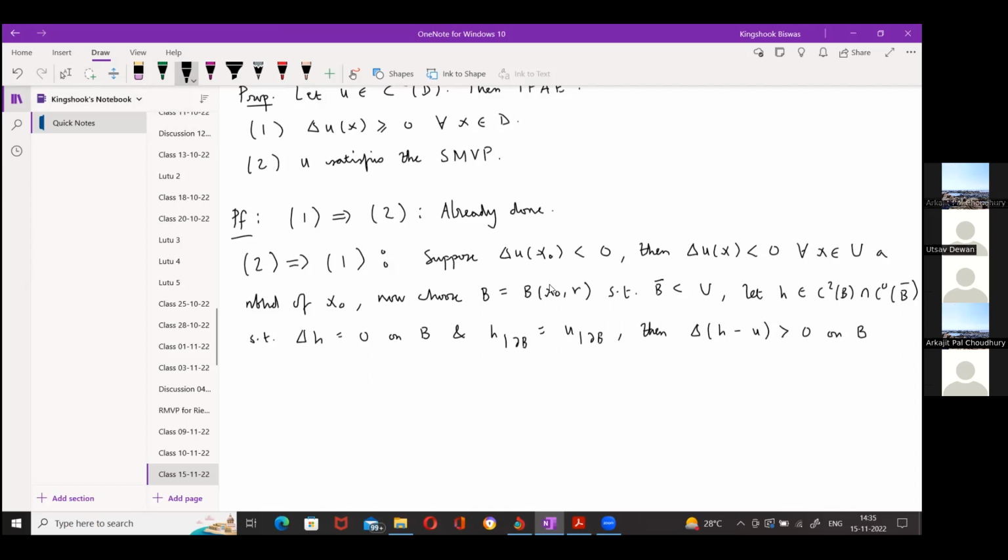And so that means by the weak maximum principle, H minus U is less than or equal to 0 on B, right?